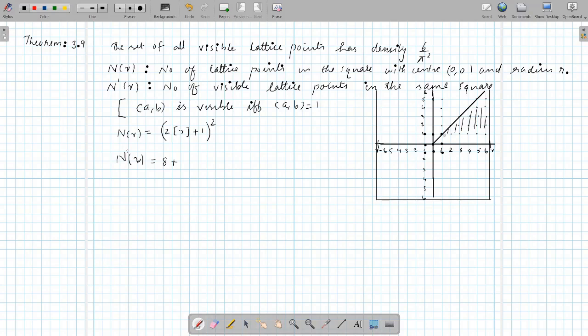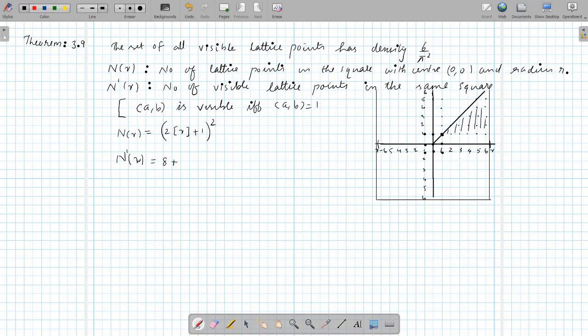Clear? So inside this, if we count this lattice point, then these are all not visible from the origin. Here we have this is visible from the origin and this is visible from the origin. So we need to collect the lattice points which are visible from the origin except on the line y equal to x.